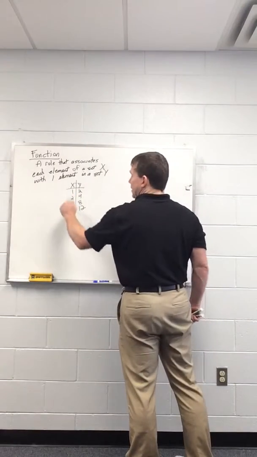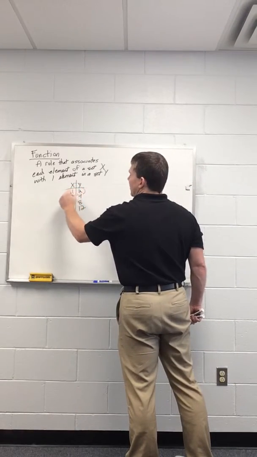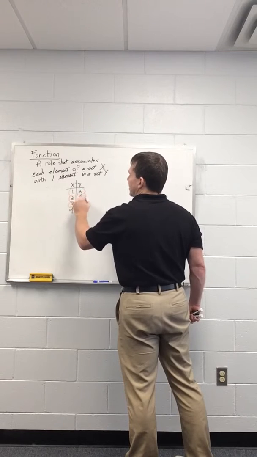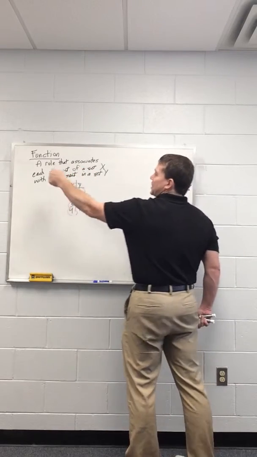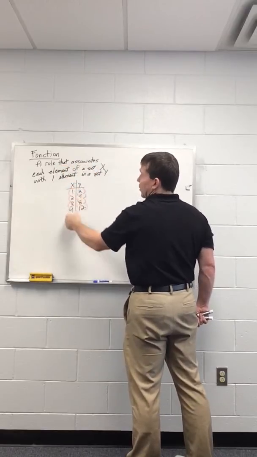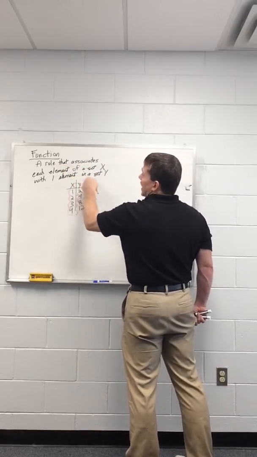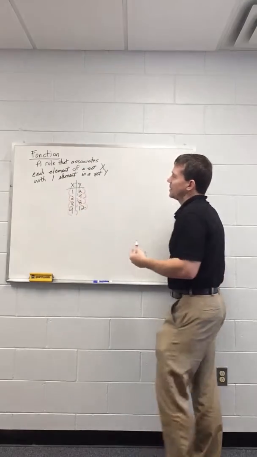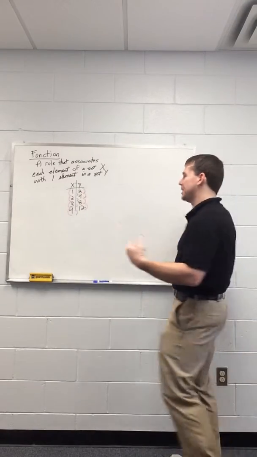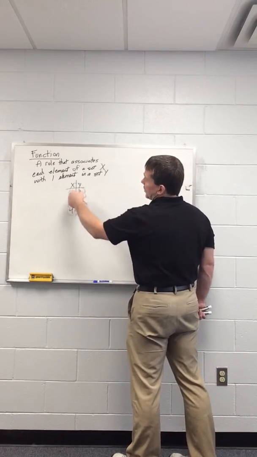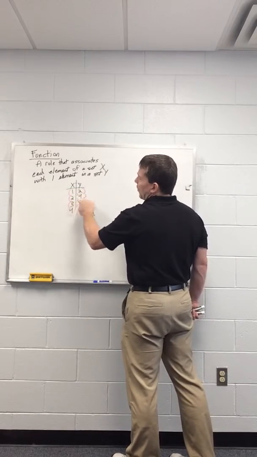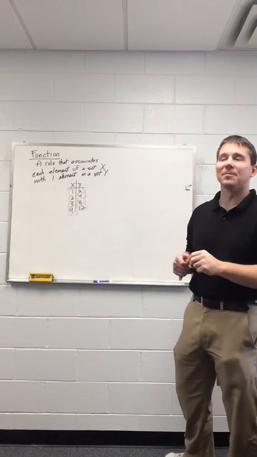Well, I can certainly consider these points. I can actually just draw parentheses like this. And then I have these points, a rule that associates each element of a set X, those are the elements of X, with one element in a set Y, those are the elements in Y. And it's a function if each X goes to one Y. And in this case, that's clearly true. 1 goes to 2, 2 goes to 4, 3 goes to 8, and 4 goes to 12.